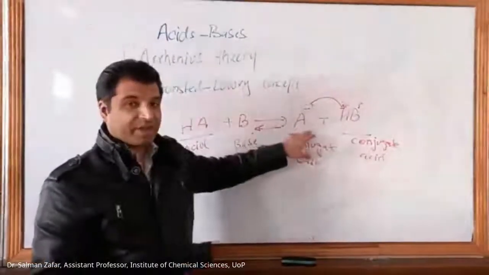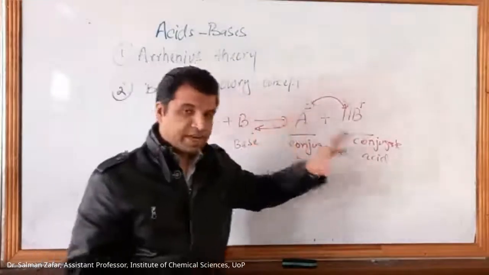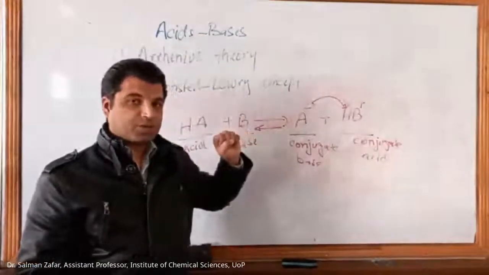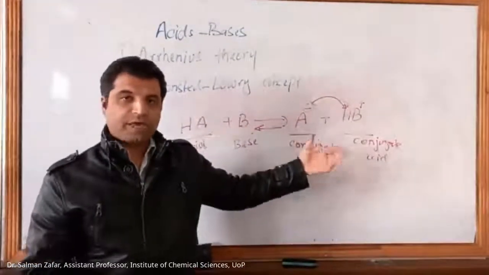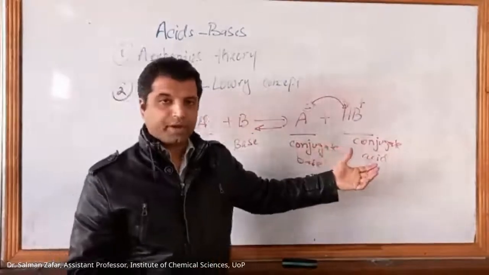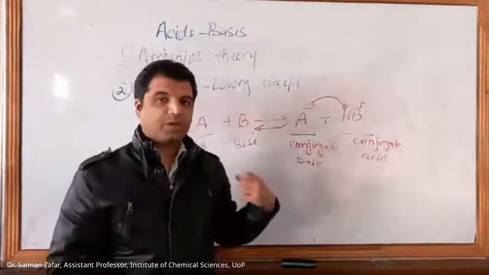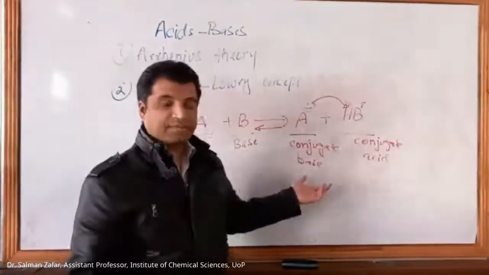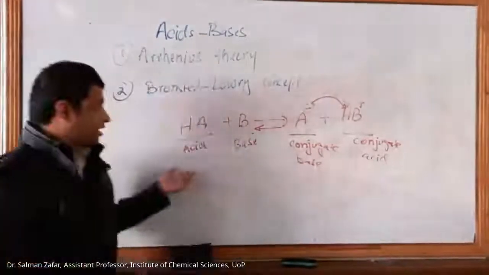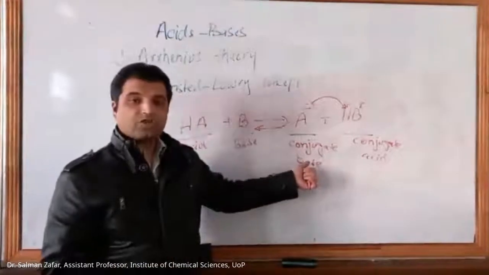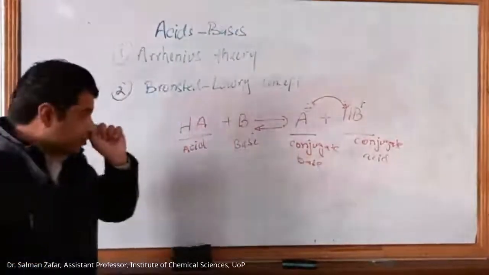So this is highly reactive, highly unstable, and it will quickly abstract a proton from anywhere, from any molecule that can provide it. So if it is highly reactive or it can accept proton abruptly, that means it's a strong base. So weak acid will produce a strong conjugate base.